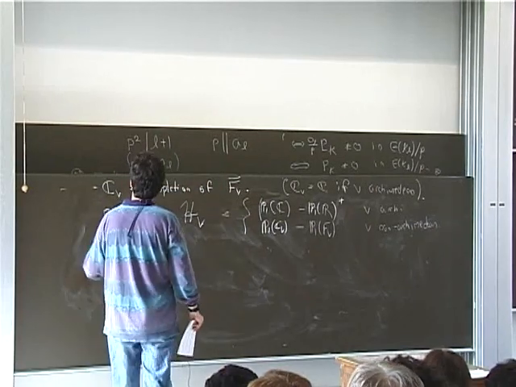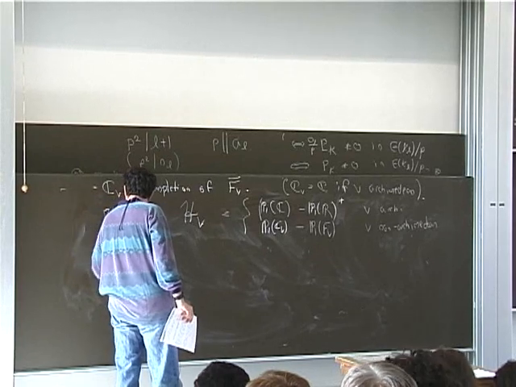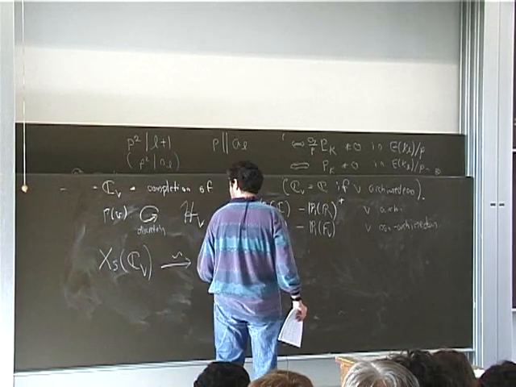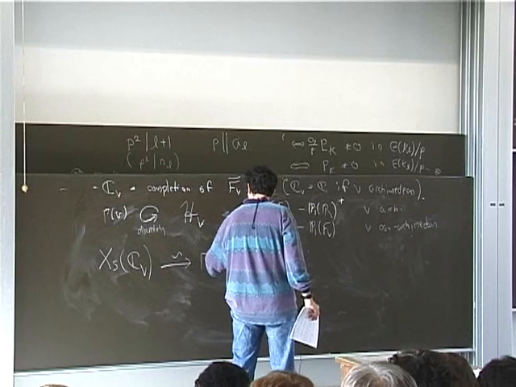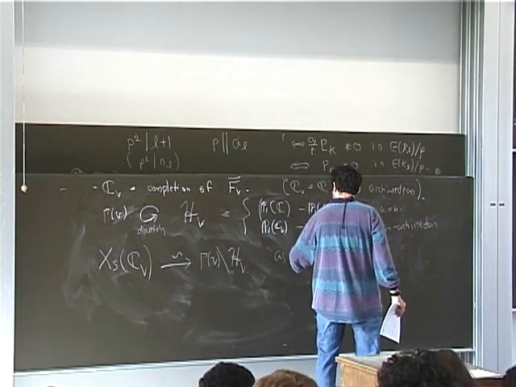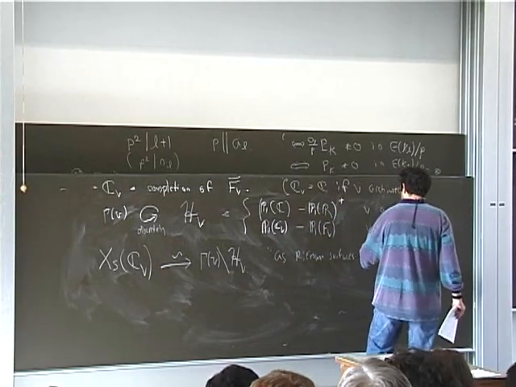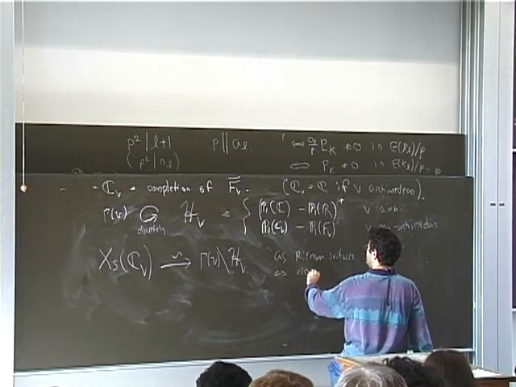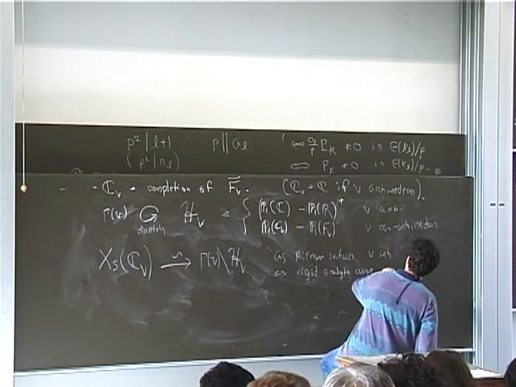And so the final statement in part 1 is that the set of points on X_S over C_v are identified analytically with the quotient of the v-adic upper half plane H_v by Gamma of v. This is as Riemann surfaces if v is Archimedean, and as rigid analytic curves otherwise.